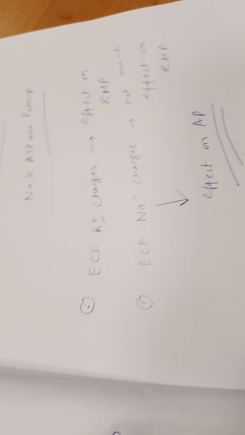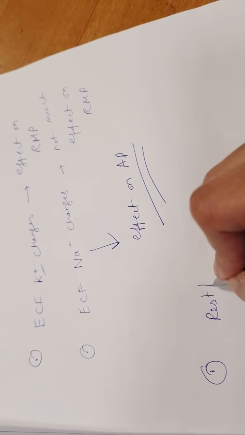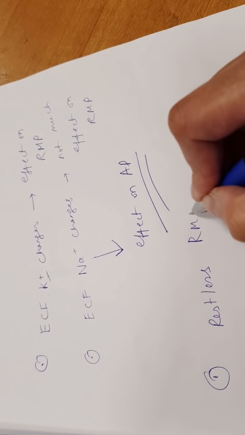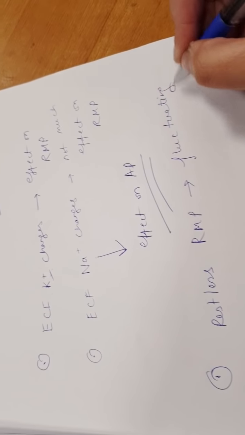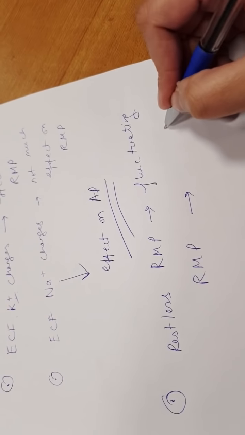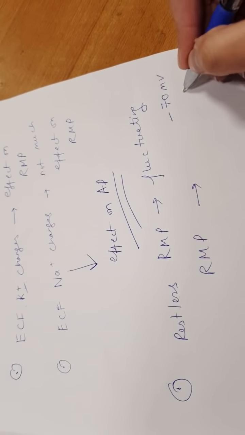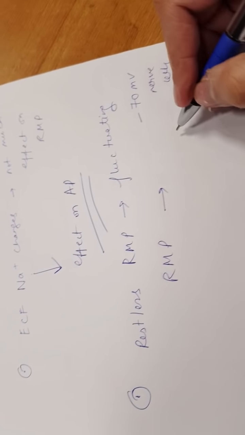Okay, and another point is, what is restless RMP or fluctuating RMP? All this time we have talked that the RMP is fixed at minus 70 millivolt for a nerve cell. But sometimes we see that the RMP fluctuates.